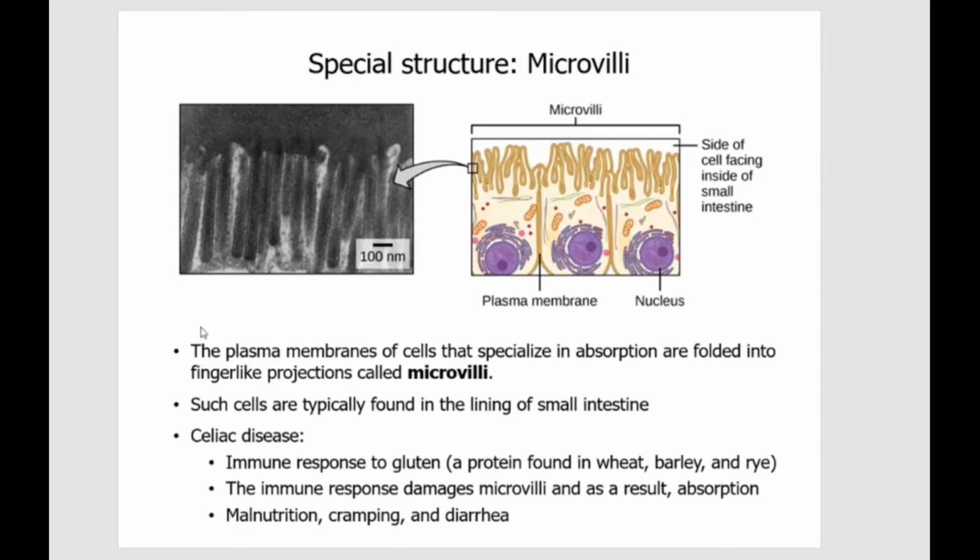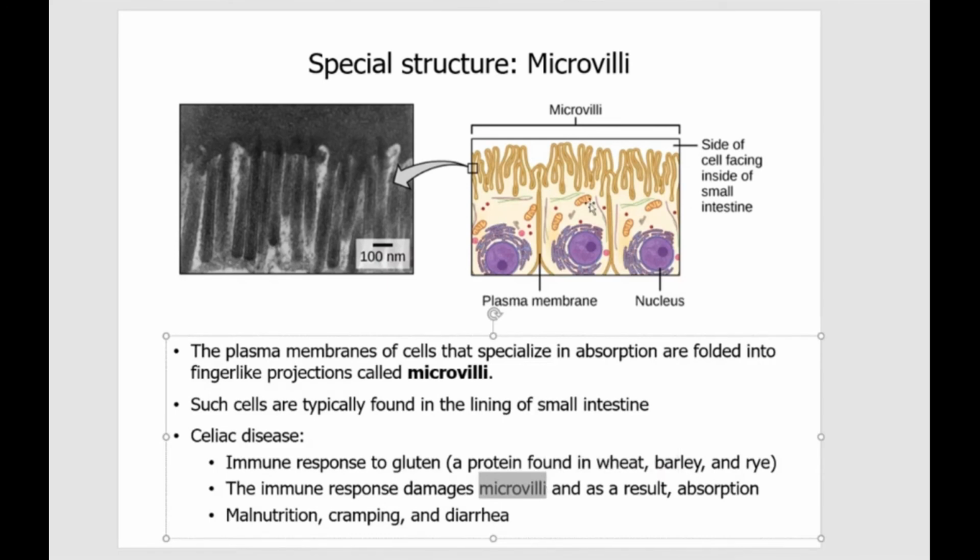People who have celiac disease tend to mount a very strong immune response to gluten. When they eat something that has gluten, their body thinks, oh no, these are foreign invaders, we need to destroy gluten. So their body starts this immune response, and in the fight against gluten, inevitably the microvilli get damaged and destroyed.